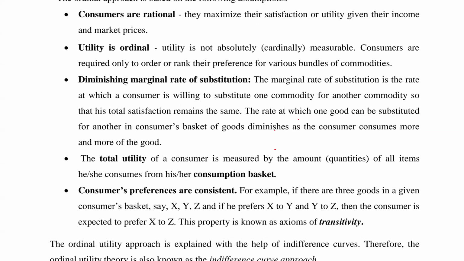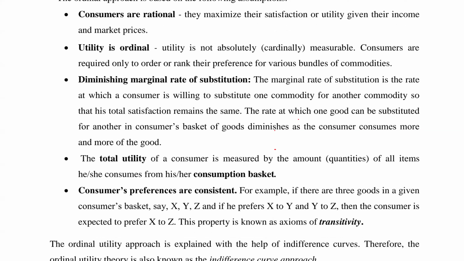That's the first assumption for this theory to hold. We also say that utility is ordinal. We assume that utility is ordinal. That is to say, it is not absolutely or cardinally measured. You cannot measure utility. That's what we mean when we say utility is ordinal.